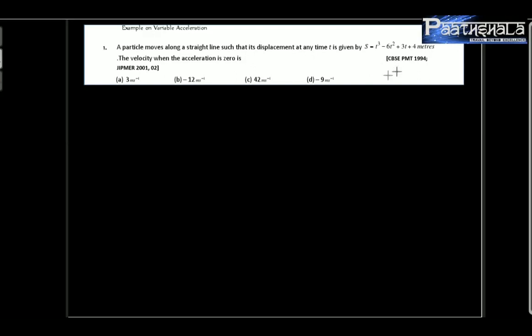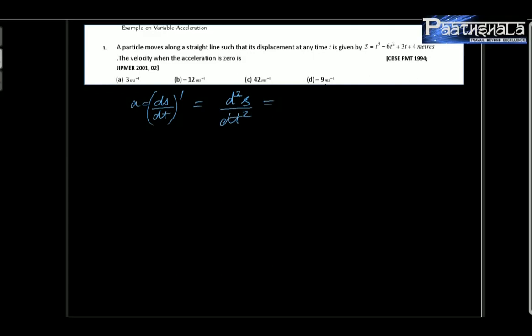So firstly we'll have to find the expression for acceleration, right? So acceleration is given as the derivative of ds by dt, that is d square s by dt square.